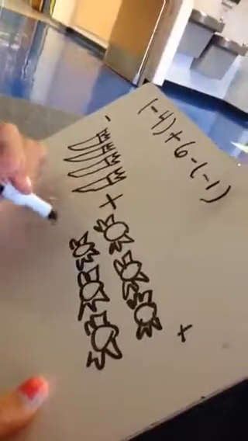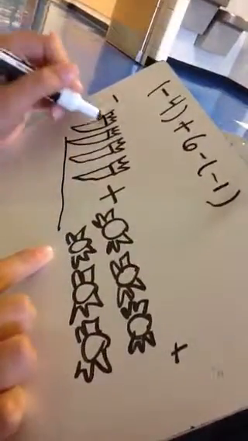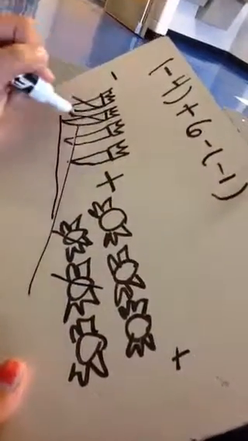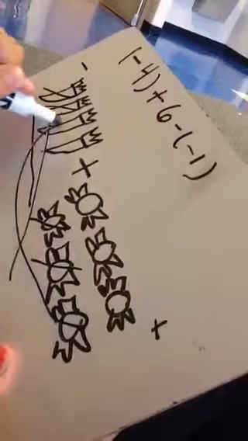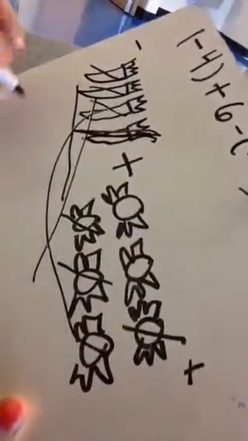So what you would do is, like this, these cancel out each other, and this cancels out each other, and this cancels out each other, then this cancels out this. So there are no more negatives.